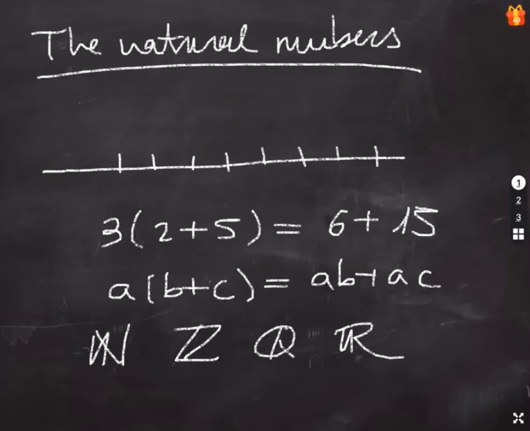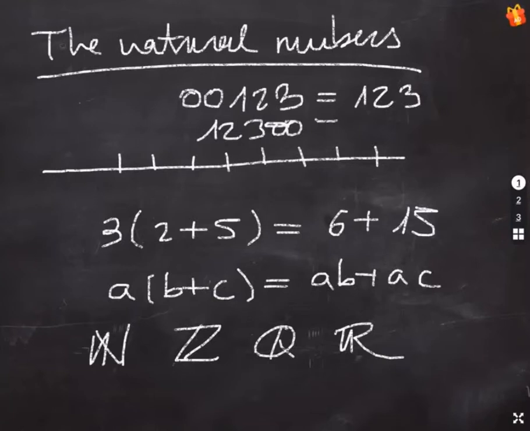Now, again, we are going to at least try to understand what these numbers are and how they have been defined. For instance, why is 0, 0, 1, 2, 3 equal to 1, 2, 3, but 1, 2, 3, 0, 0 is not 1, 2, 3?